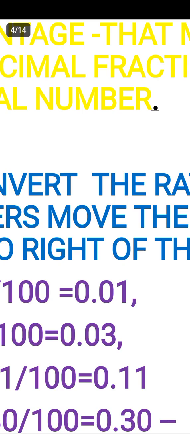That means 1 over 100 is equivalent to what? 0.01. So another way of writing 1% is 0.01, and this is what we are going to be using in solving problems in this tutorial. All our rates will be converted to decimal numbers.